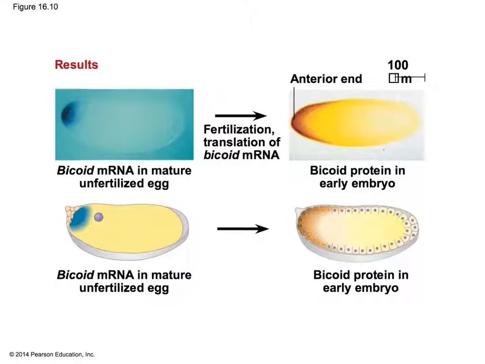Now, I'm using bicoid as an example. Do you think there are others? Yes. If I have one that determines the front, I probably have another that determines the back. Because when I got rid of bicoid, what did I end up with? Two back sides.